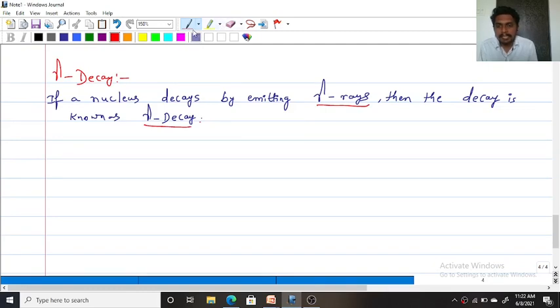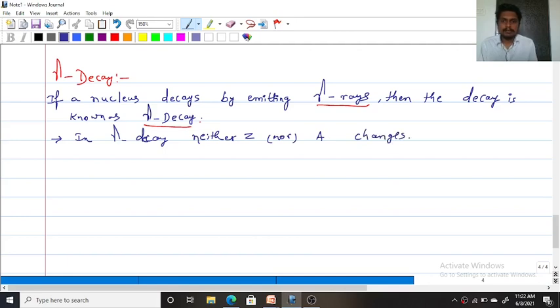In gamma decay, neither the proton number Z nor the mass number A changes.